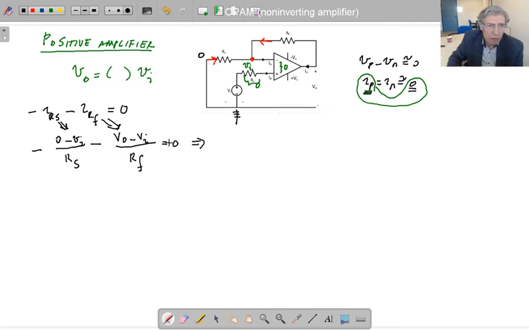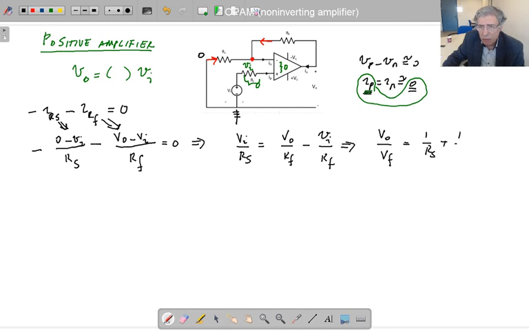If we move this to the right hand side, the negative becomes positive: VI over RS equals V out over RF minus VI over RF. From that, I get V out over RF is equal to 1 over RS plus 1 over RF in parentheses, times VI.